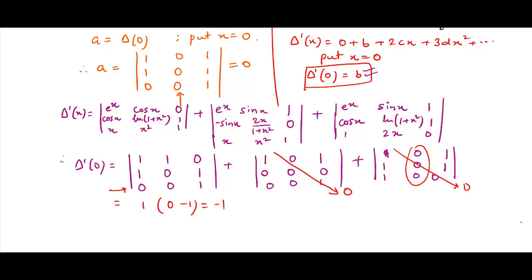So the value of delta dash 0, and hence the value of b, becomes minus 1. We have already found that a was 0, so the value of a minus b becomes plus 1, which is the answer.